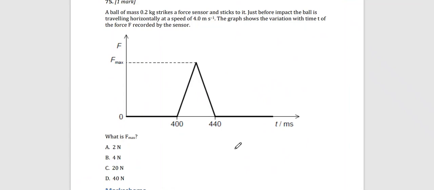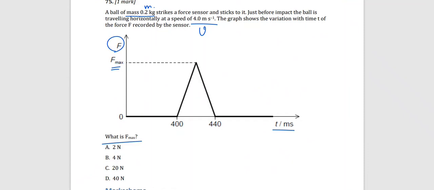Just before impact, the ball is traveling horizontally at speed 4 meters per second. So we have here the speed, and this is the mass of the ball. The graph shows the variation with time T of the force recorded by the sensor. T here is in milliseconds. I need the value of the maximum force.